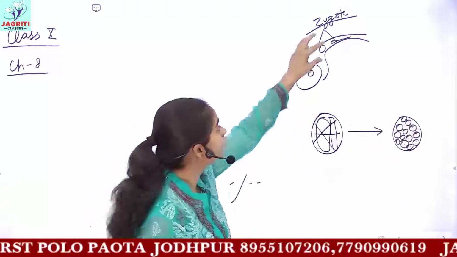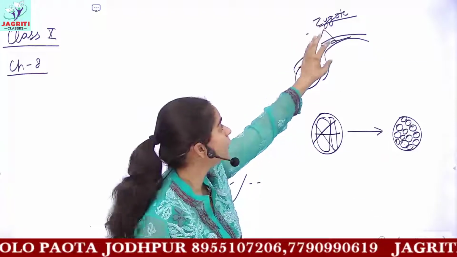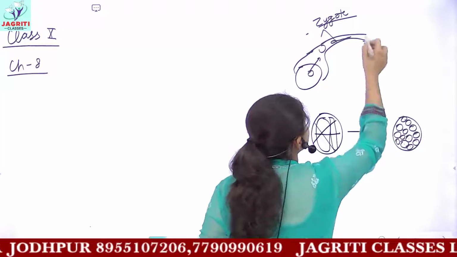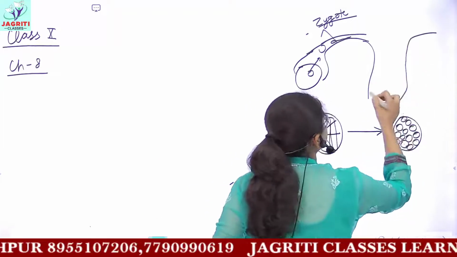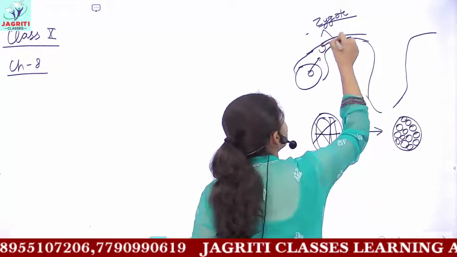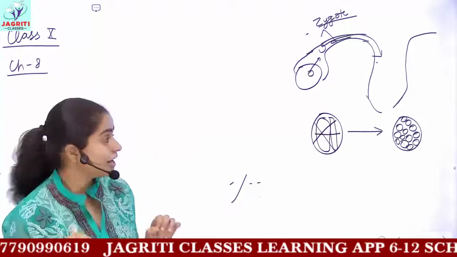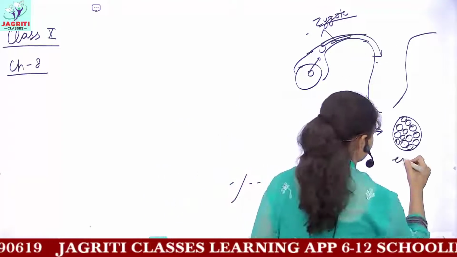The zygote is formed in the fallopian tube or oviduct, and it travels. While traveling from the fallopian tube to the uterus, it changes into an embryo.